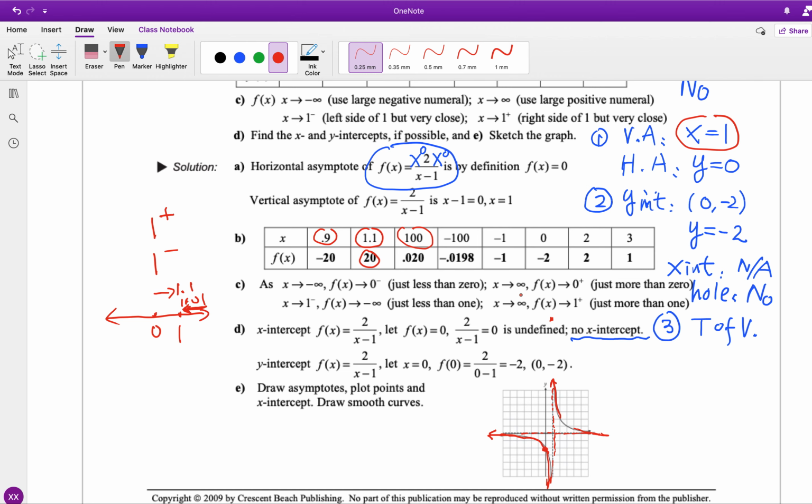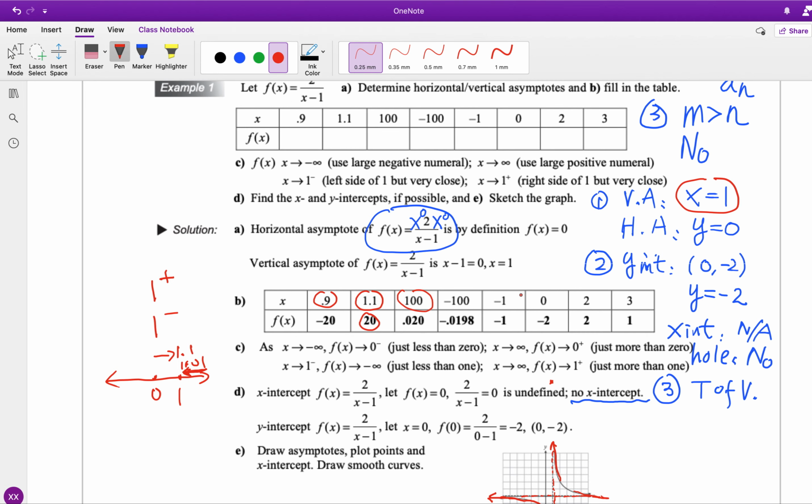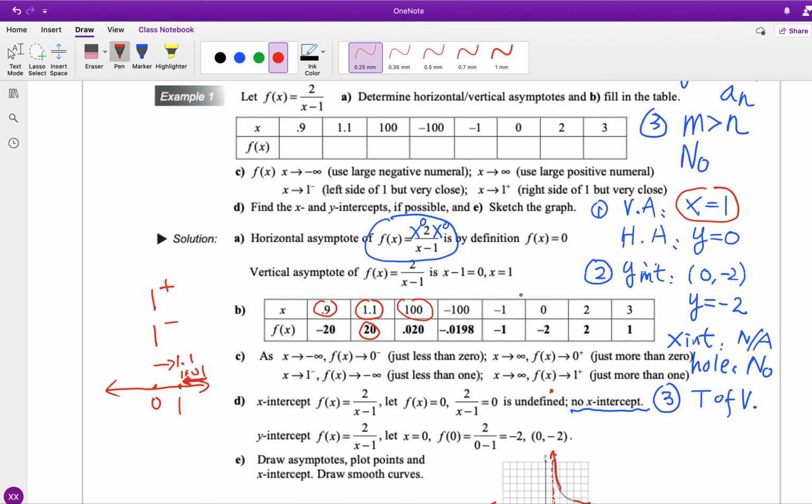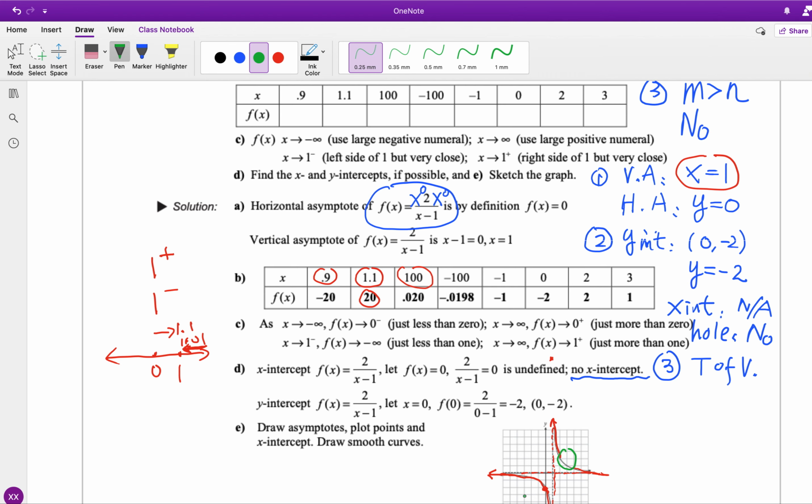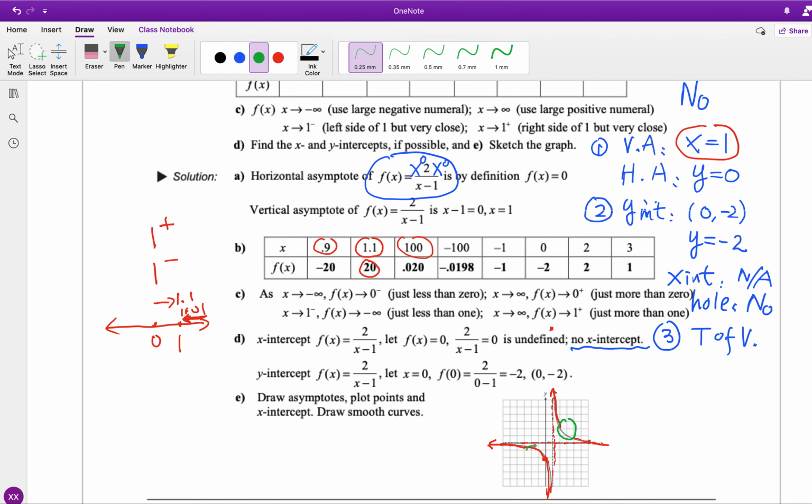Now, let's say we also want to find a couple of values in this region here, and also in this region, just to give you some idea. This is shooting up top, this is going down to 0, this is moving up close to 0, and this is shooting downwards.